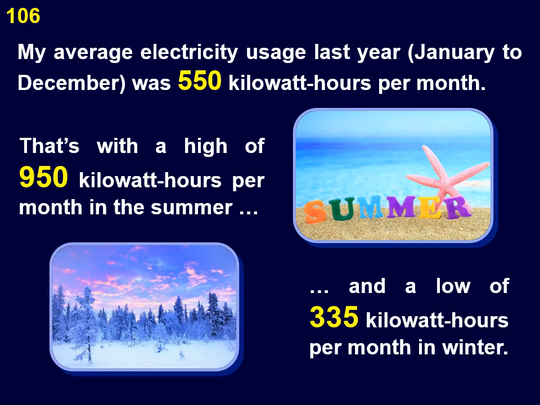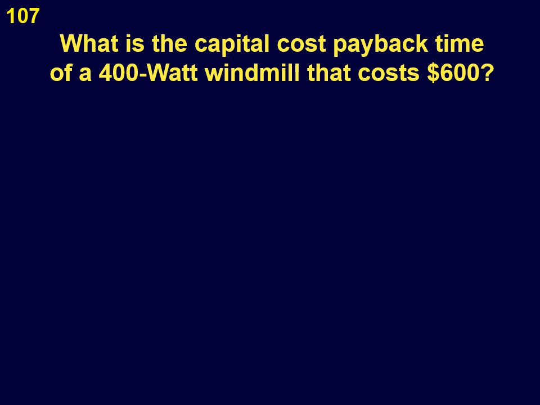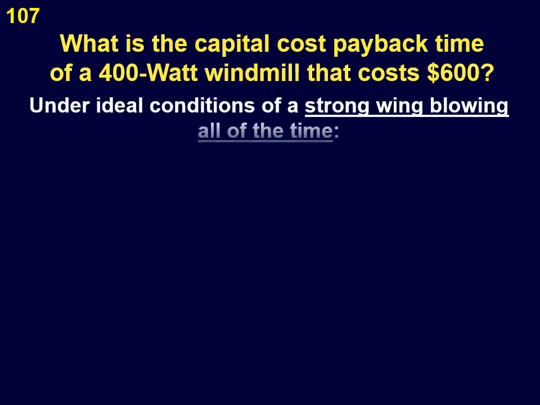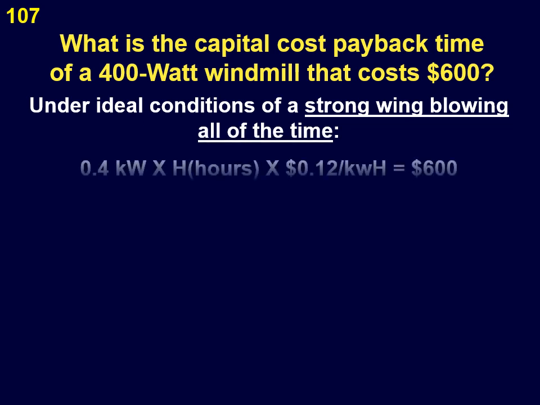That's with a high of 950 kilowatt-hours per month in the summer, and a low of 335 kilowatt-hours per month in winter. What is the capital cost payback time of a 400-watt windmill that costs $600? Under ideal conditions of a strong wind blowing all of the time, 0.4 kilowatts times H hours times 12 cents per kilowatt-hour equals $600.